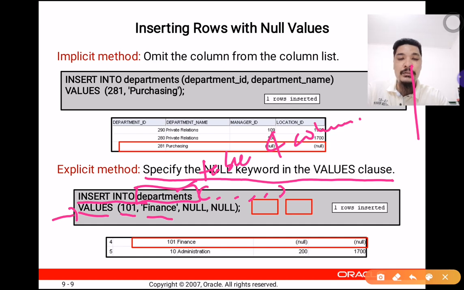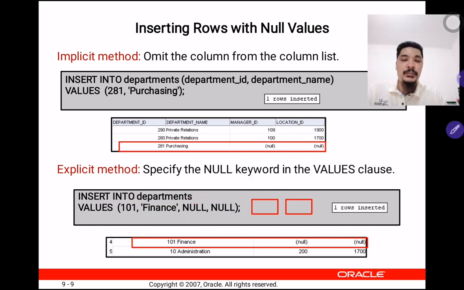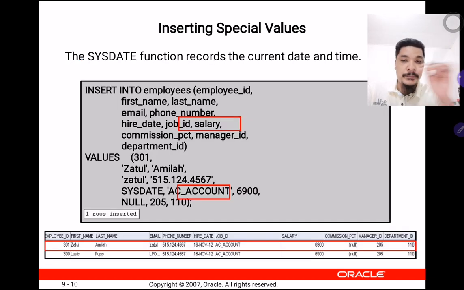For the rest with no value, we just put NULL and also NULL to match the number of columns in this table. This is what we call the explicit method. The result is going to be the same: this is 101, this is Finance, this is null, and this is also null. So we have two methods here, implicit and explicit, and it depends on the situation when we are going to use each method. Let's move to the next slide.